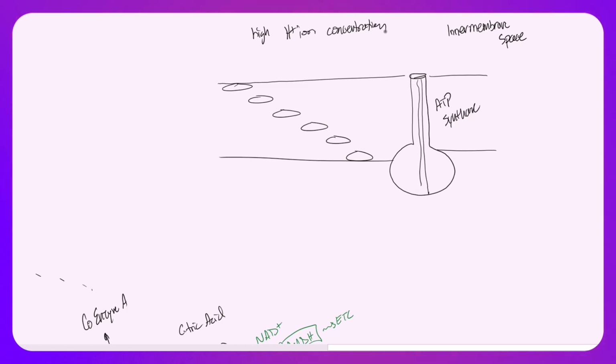And so every single one of these NADH molecules is going to come up here. It's going to drop off a pair of electrons and a hydrogen ion. It's then going to be sent back and it's going to be converted back into NAD+.